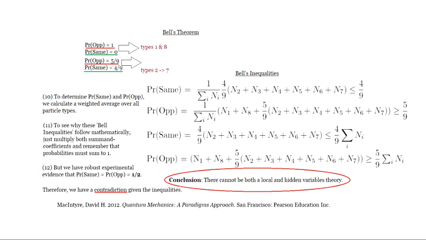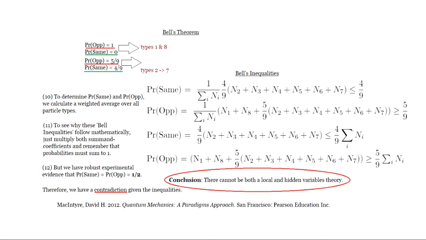At the very top here of the 4 different inequalities we have the probability of same equals the following: 1 over the summation of n sub i, where i is an index going from 1 to 8, times 4 out of 9 times n2 plus n3 plus n4 plus n5 plus n6 plus n7, less than or equal to 4 out of 9. So what's going on here is that the reason that we have 1 over sigma sub i n sub i is that this is supposed to be a weighted average over all particle types.